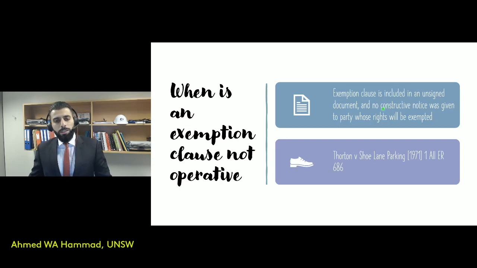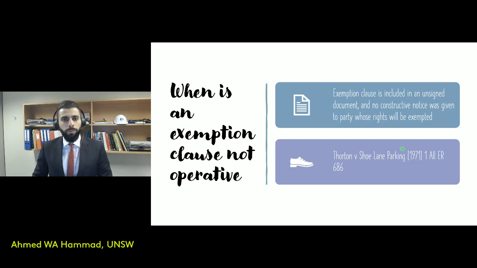And this case over here, if I were to simplify the facts and apply it to a construction industry example, for instance, let's say there was a construction site and a car park next to the construction site. Now you operate the car park, and let's say I'm driving through, and before I enter the car park, there's a ticket that I have to obtain, and then a boom opens up and I can drive into the car park. Now, what you did was you included an exemption clause on the ticket.